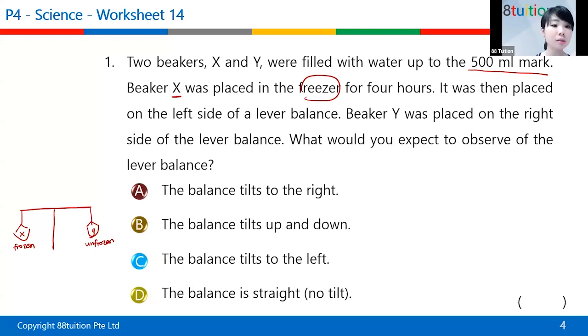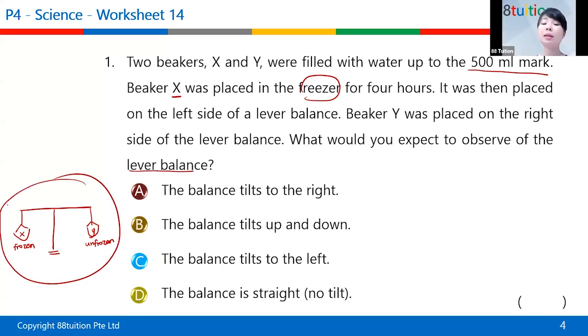So, Shaslin, when you see a lever balance or a beam balance, what is the question about? Is it about volume or is it about mass? When I see an equipment like that, tilting one side, tilting the other side, is the question about volume or mass, Shaslin? Volume.